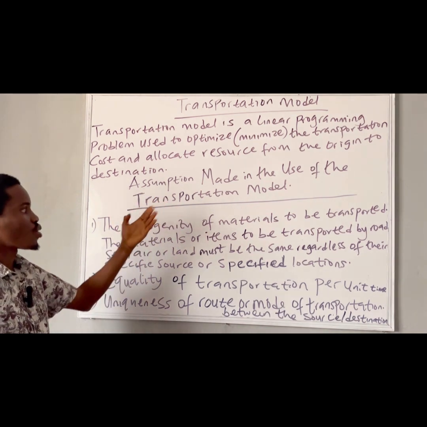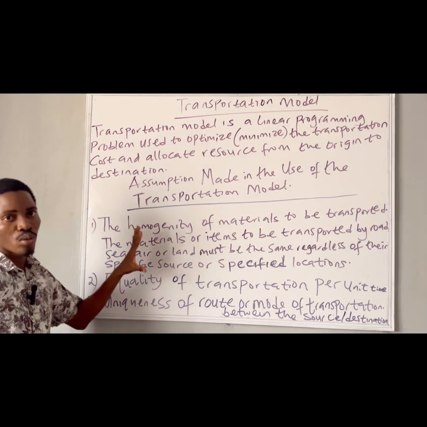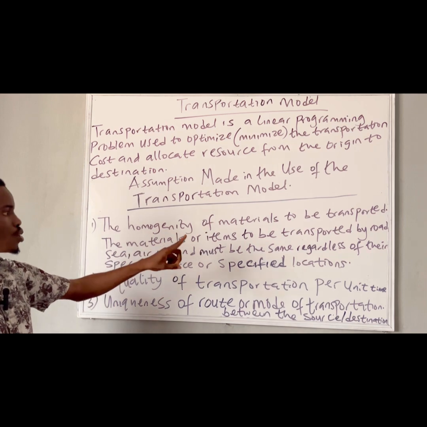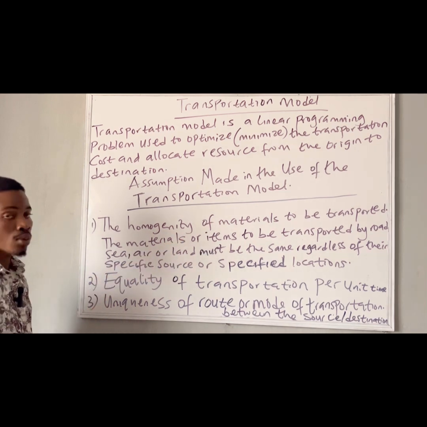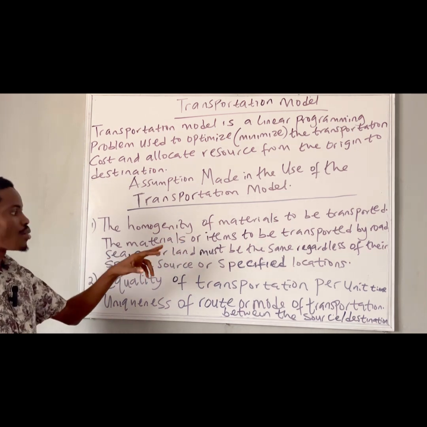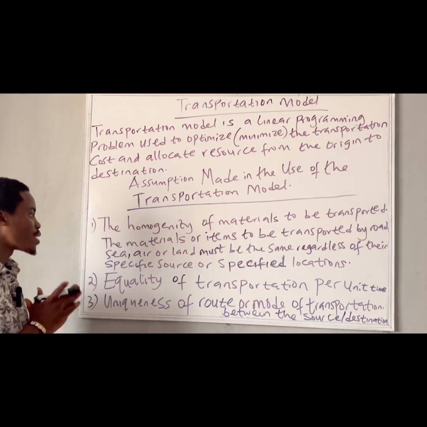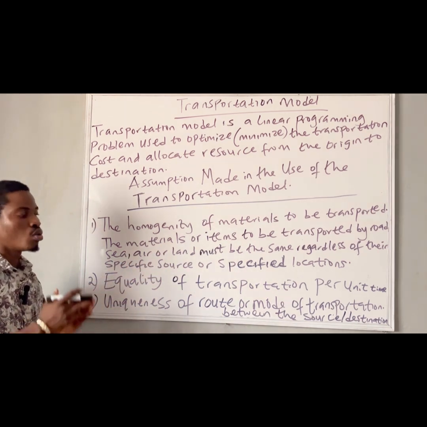Assumptions made in the use of transportation model. One is the homogeneity of material to be transported. The material or item to be transported by road, sea, air, or land must be the same regardless of the specific source or specified location.